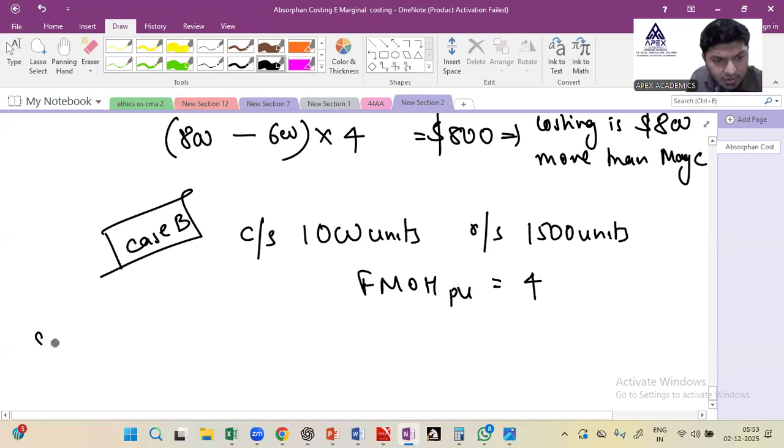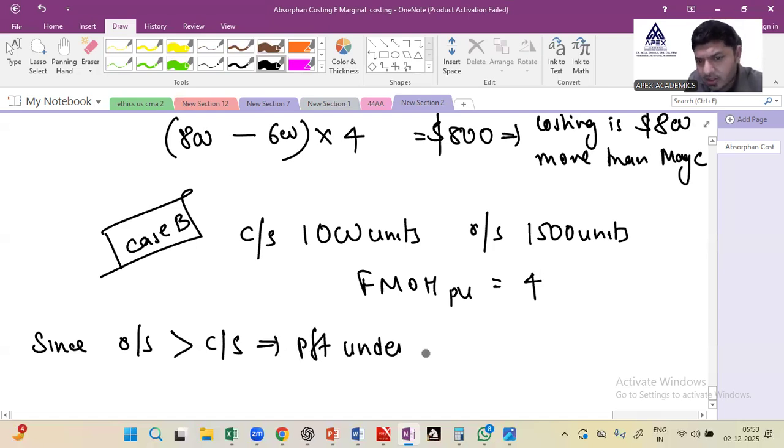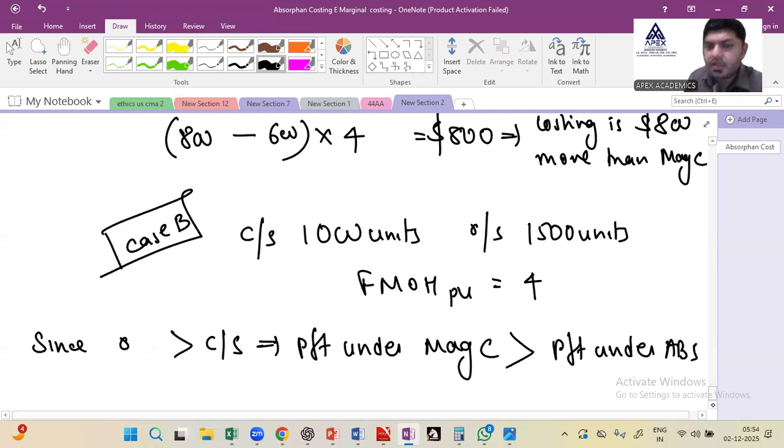In this scenario, since the opening stock is greater than the closing stock, the profit under marginal costing will be higher than the profit under absorption costing.